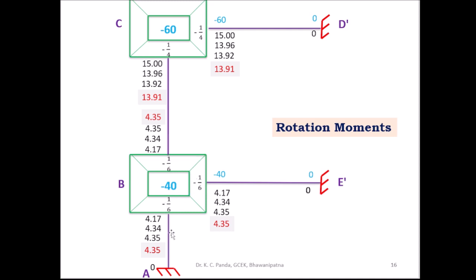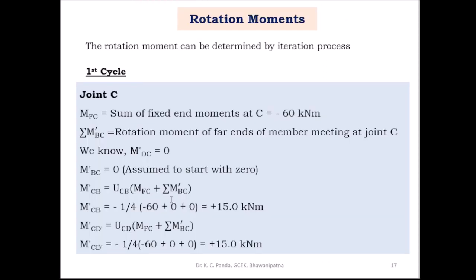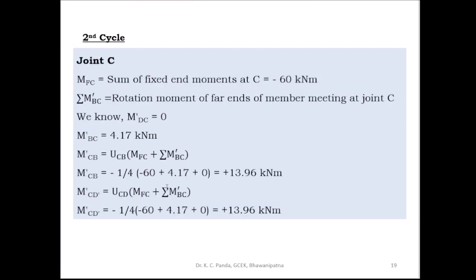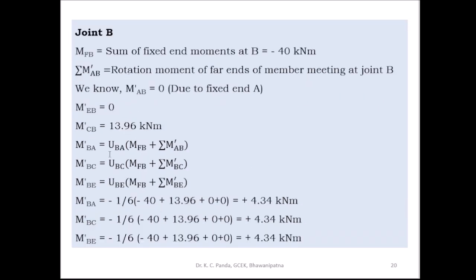So in the second cycle at joint B, m dash BA is equal to UBA MFB plus summation of m dash AB. M dash BC is equal to UBC into MFB plus summation of m dash CB. Then m dash BE is equal to UBE into MFB plus summation of m dash EB.